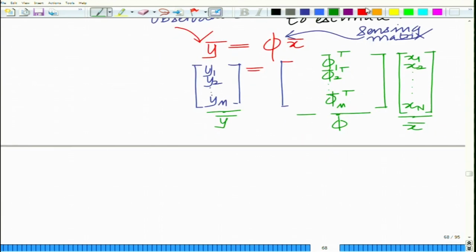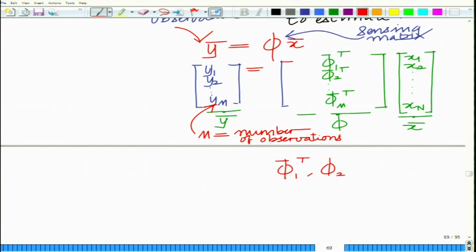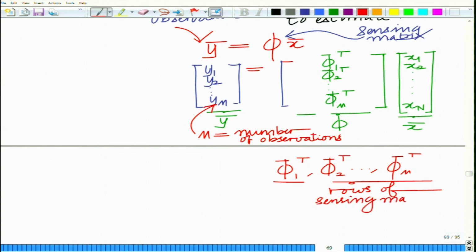So m is the number of observations, and these phi 1 bar transpose, phi 2 bar transpose, phi m bar transpose are the rows of the sensing matrix.